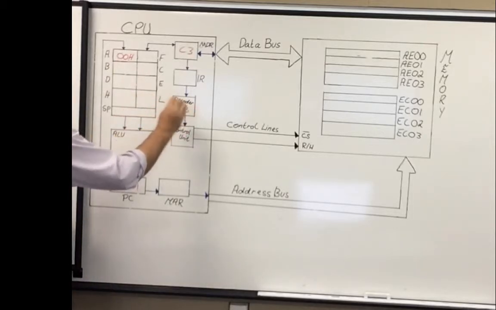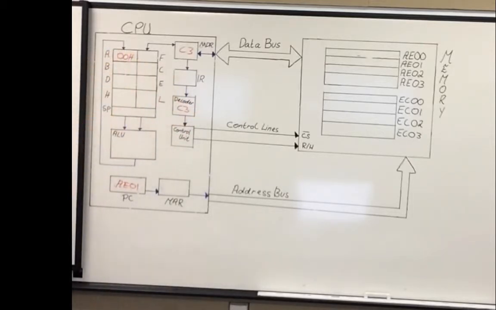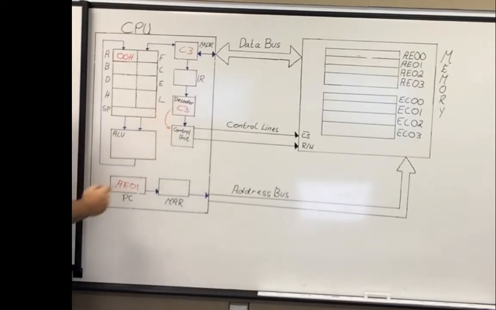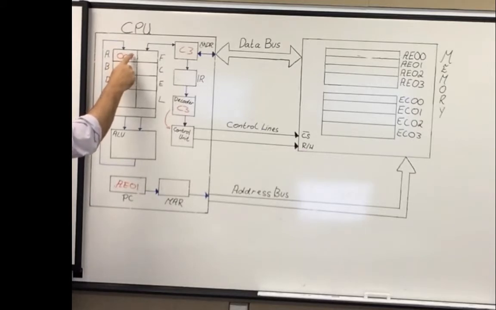Once the decoder has decided what that instruction means, information from that instruction goes into the control unit. It's at this point that the control unit will take over, and it will call out from the register whatever the value is.